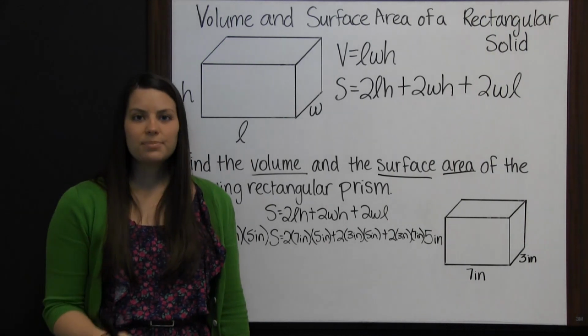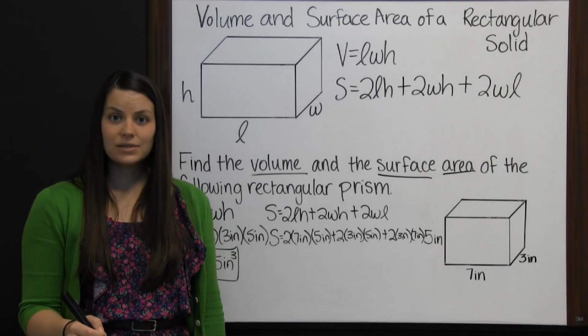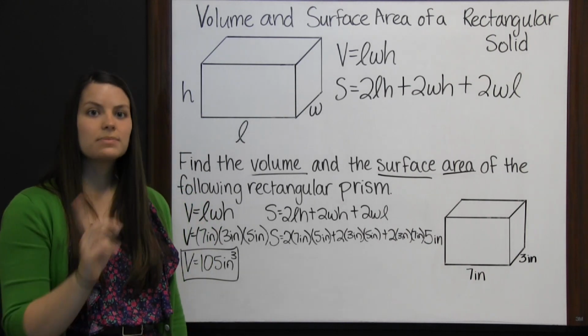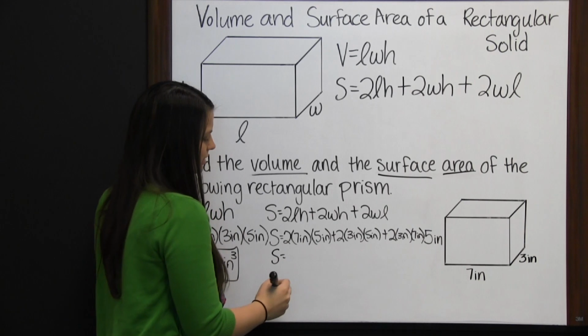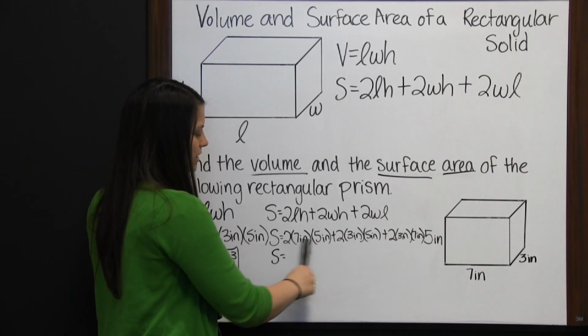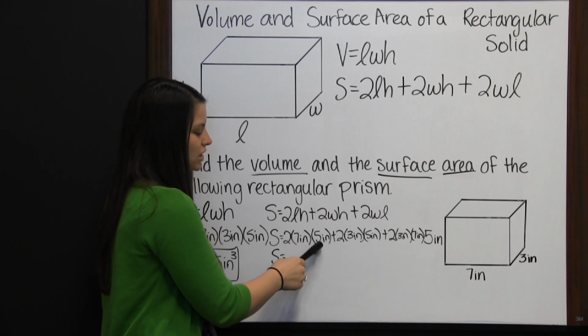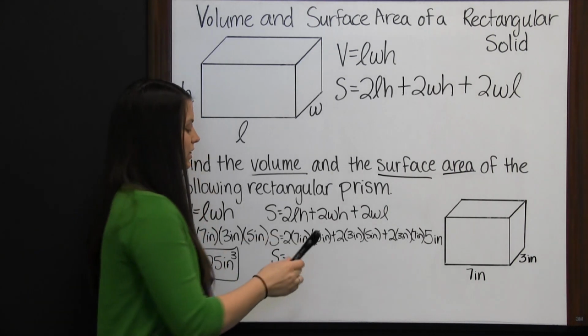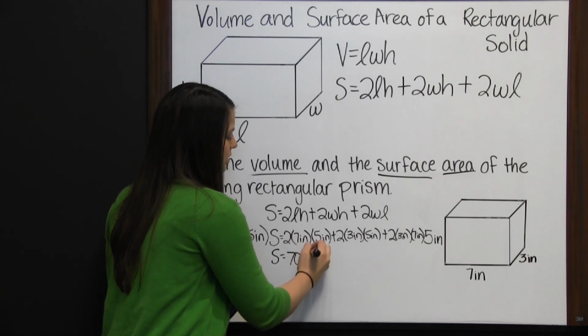Then we need to simplify according to our order of operations, which means we need to multiply first before we add. So the surface area is, and these three numbers can be multiplied in any order. So you could do 2 times 5 inches, 10 inches, then times 7 inches, 70 inches squared.